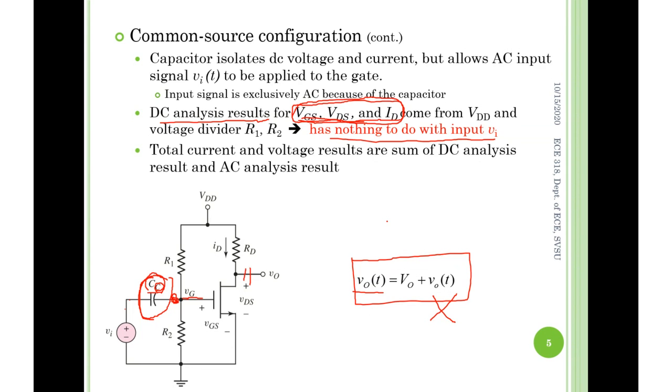We don't care. That's absolutely up to a particular input, out of our control. We just worry about the gain. That's why I gave a cross here. So this principle, of course, is correct. Don't take me wrong. We are not worrying about the output signal. We are looking for the gain, the AC gain.